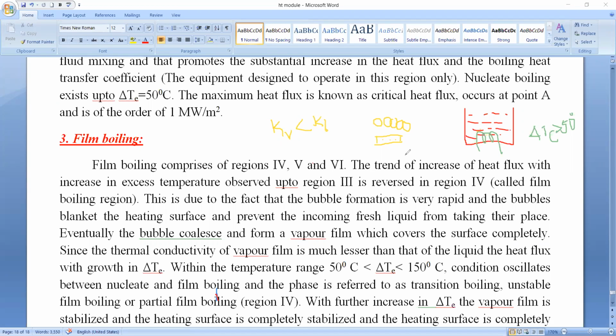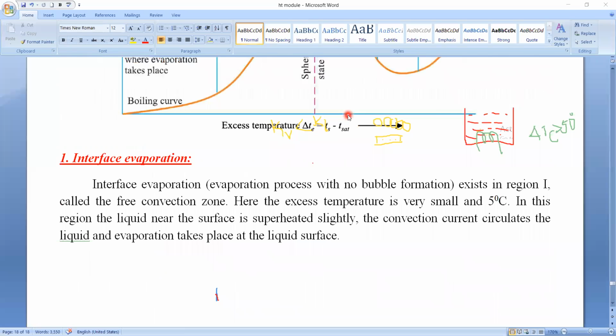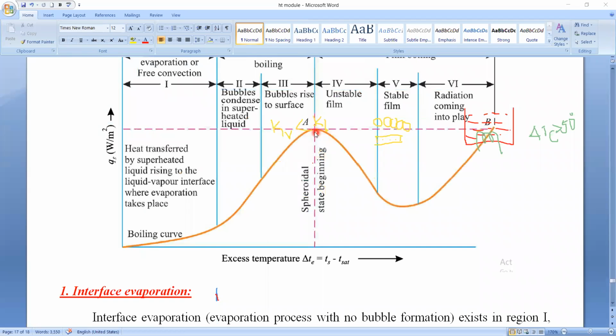So that's why the heat transfer rate from the heating surface to the liquid will decrease, because this film acts as a barrier between the solid surface and the liquid which is surrounding the solid surface. Due to this barrier, there is a drastic reduction in the heat flux beyond the point A.